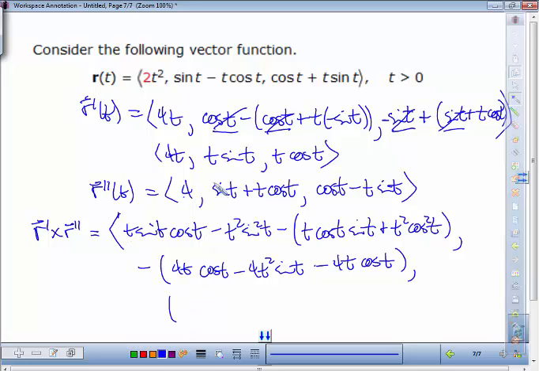And then the k, let me just write down the k and then we'll stop. The k is going to be 4t sine t plus 4t times t cosine t, minus 4t sine t.